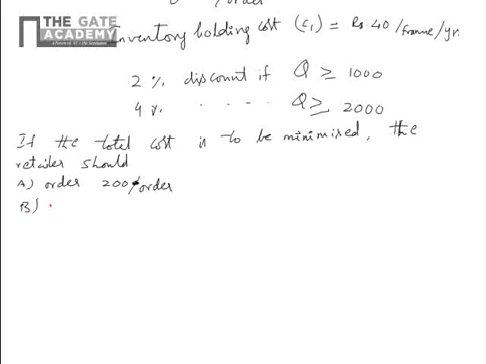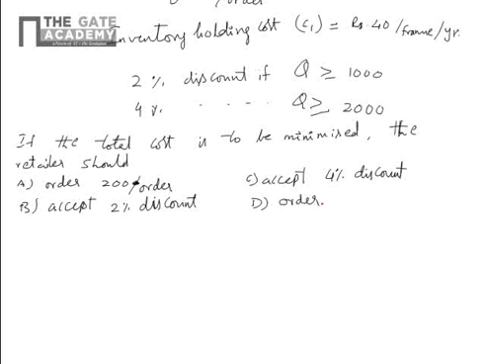B, accept the 2% discount. C, accept the 4% discount. D, order the economic order quantity.